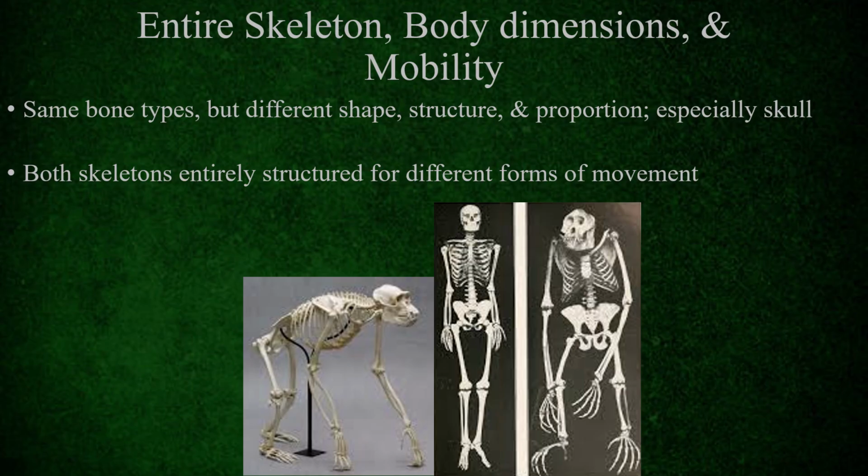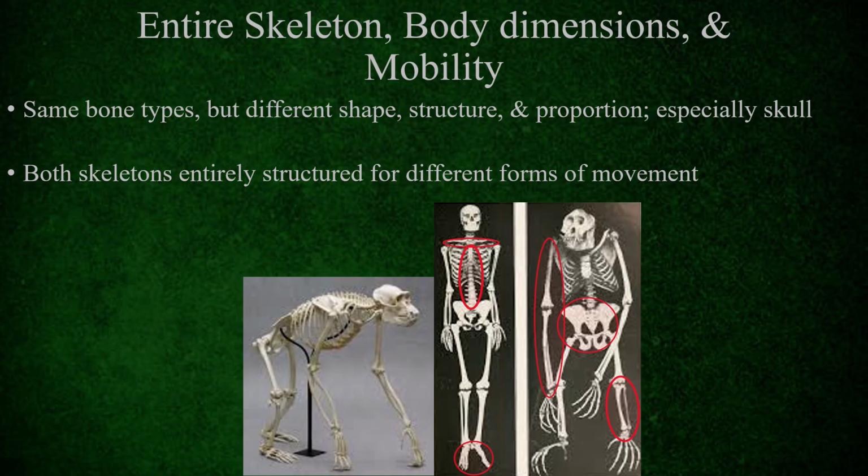And you can't have a human collarbone, human spine, or human feet and be a knuckle walker or any quadruped. And you can't have an ape arm, an ape pelvis, or ape lower leg bones, that would be the tibia and fibula, and be a biped.